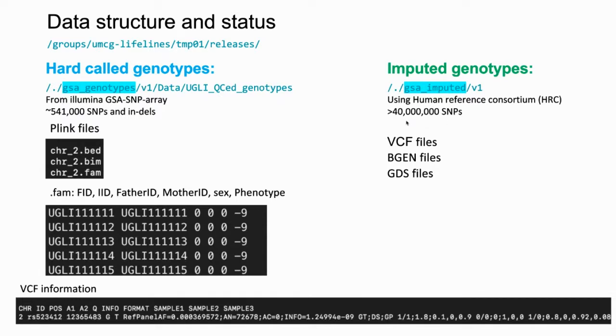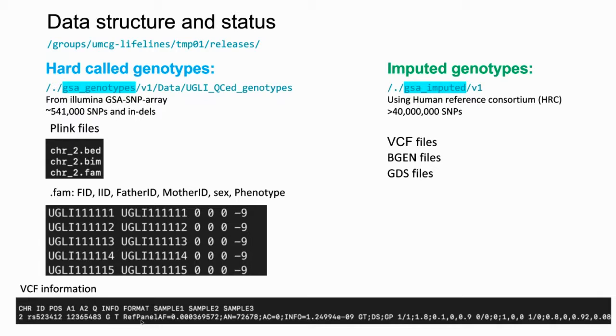So in the case of UGLI, we increased by 40 million SNPs, and we have this data in three formats: BCF file, which is readable by humans, BGEN and GDS, which are not. And this is how a BCF file would look.